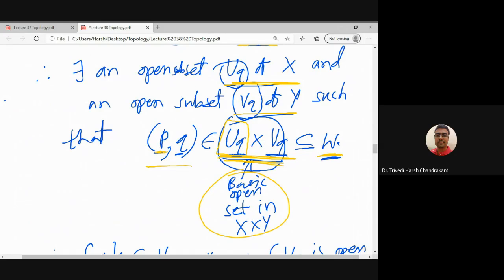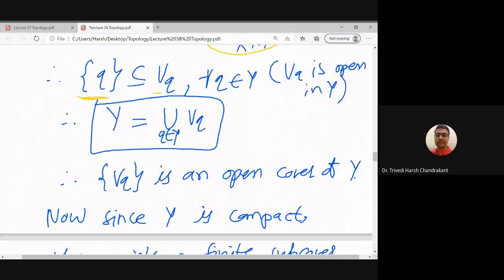So for every point (p, q) in W, I will get the pair Uq cross Vq such that (p, q) belongs to Uq cross Vq, which is a subset of W. In particular, for every q I am getting Vq, which is an open subset of Y, for every q belonging to Y.